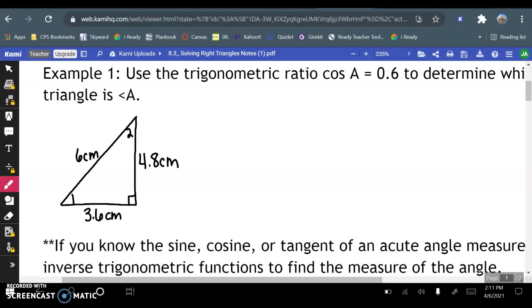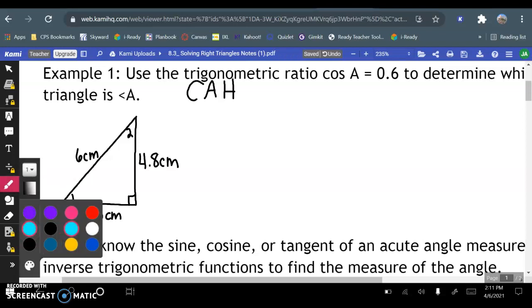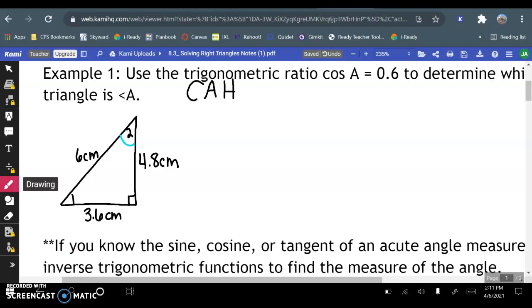If you remember from yesterday, the SOHCAHTOA, the cosine is the CAH, so it is adjacent over hypotenuse. If I start here with angle 2, adjacent would be right here, the leg that's attached to it, which would be 4.8.